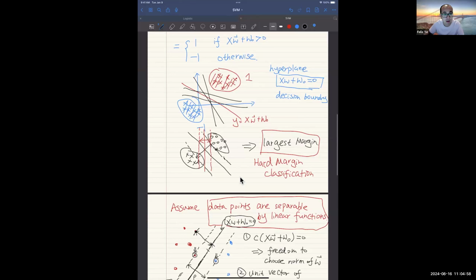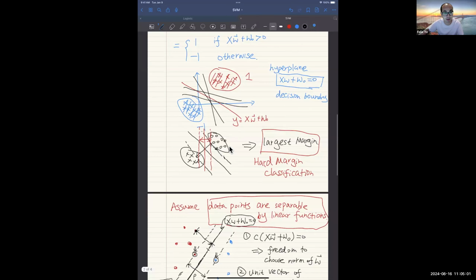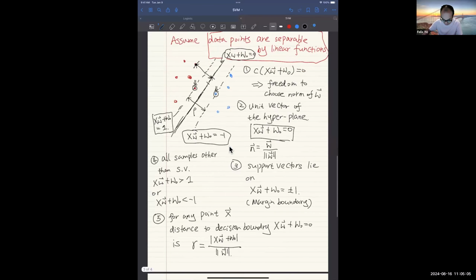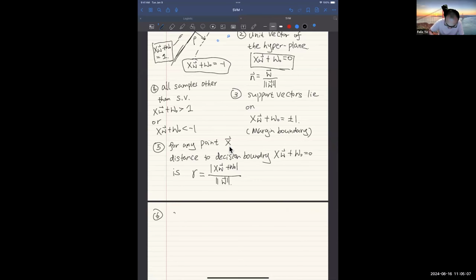So the distance from the support vector to the separator, and the distance between the two margin lines, I'm going to call it rho.